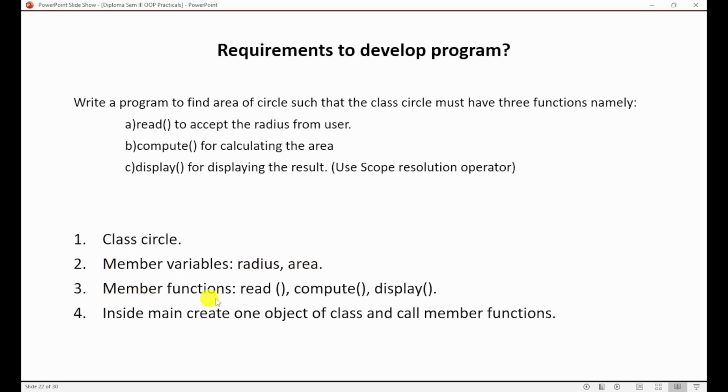Then the member functions will be read, compute and display. Finally, inside main we have to create one object and call these member functions. Let us move to the coding part.